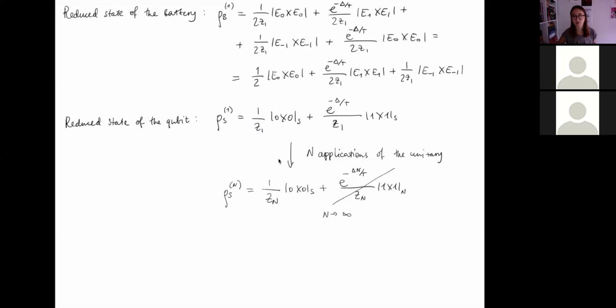So the aim of the protocol is achieved. We started with the qubit in a mixed state, and then by this consistent coupling to the different heat bath qubits with different energy gaps, we erased it to the 0 state.